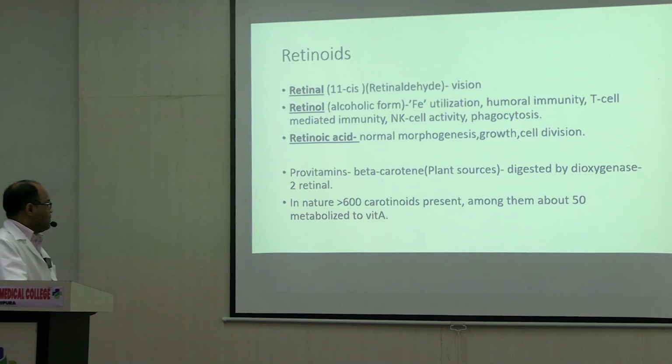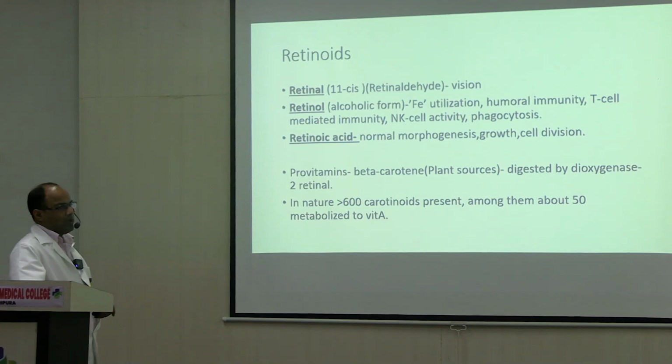Next is provitamins. These are the plant source of vitamin A, abundant in beta carotene. Beta carotene, when eaten, in the intestinal mucosa is digested by the enzyme dioxygenase, then broken down to make 2 retinol.